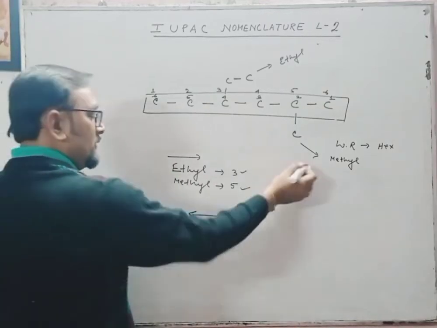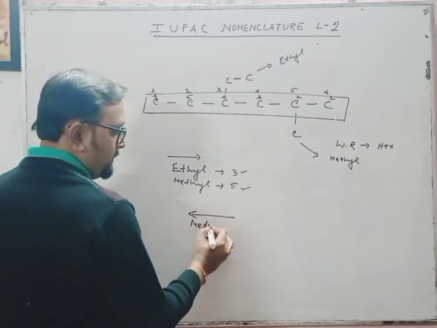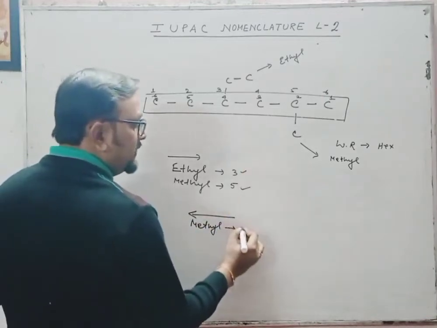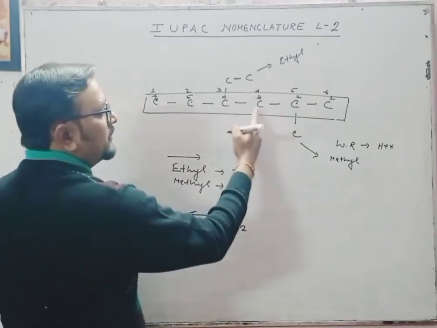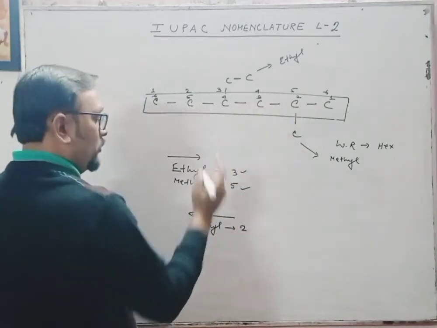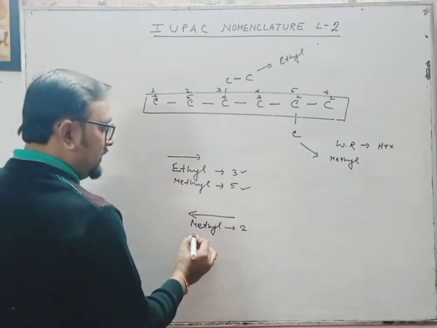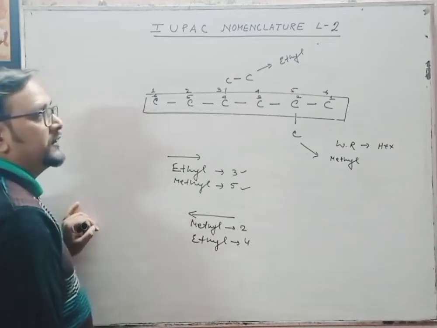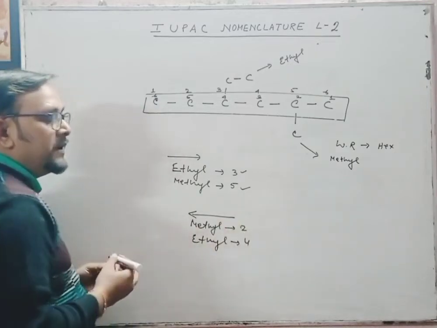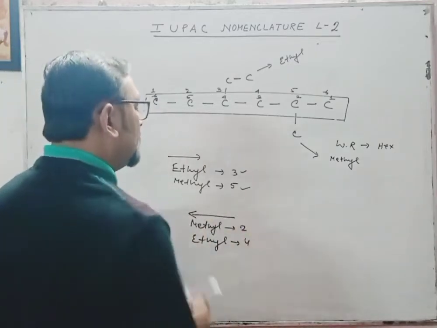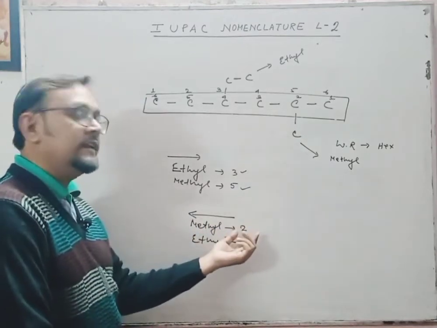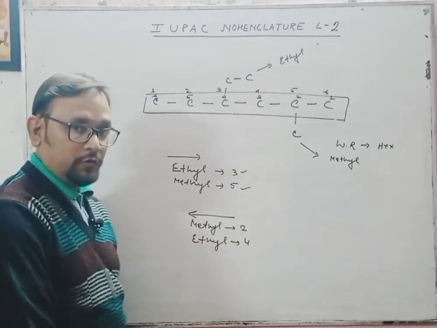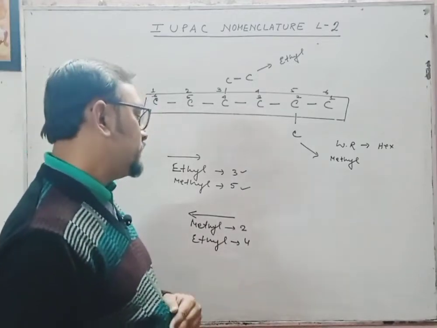In that case methyl is getting the second locant and ethyl is getting the 4th position. So if I start numbering from my right side to left side, methyl is getting the locant 2 and ethyl is getting locant 4.